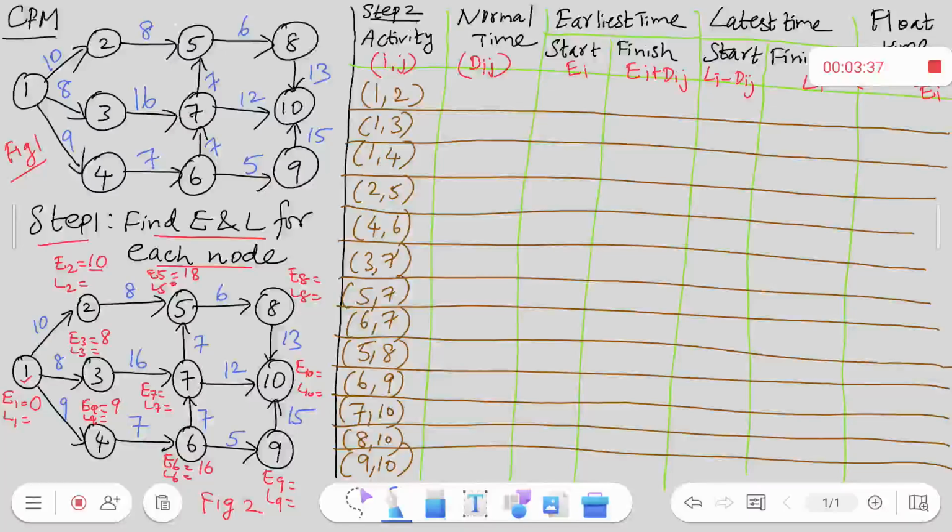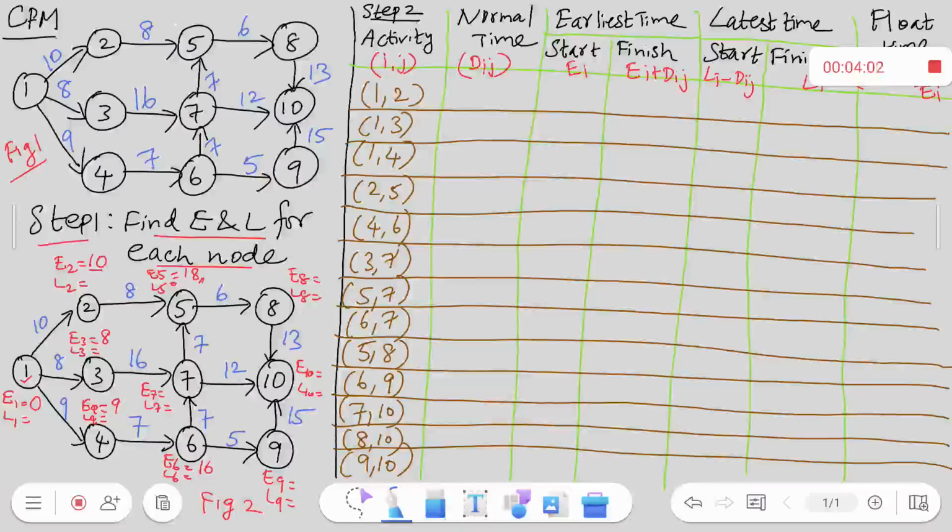Now for 7, I have three paths: 1, 3, 7; 1, 2, 5, 7; and 1, 4, 6, 7. We should see all the three paths. When I proceed from 1, 2, 5, 7, this is 18 already. 18 plus 7 becomes 25. Keep it in mind.